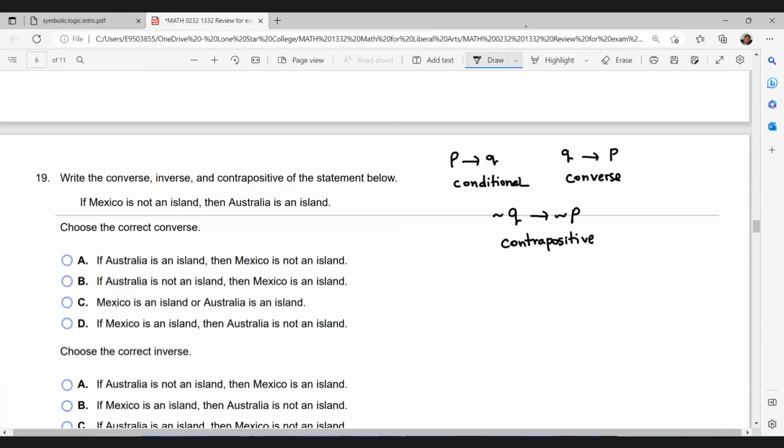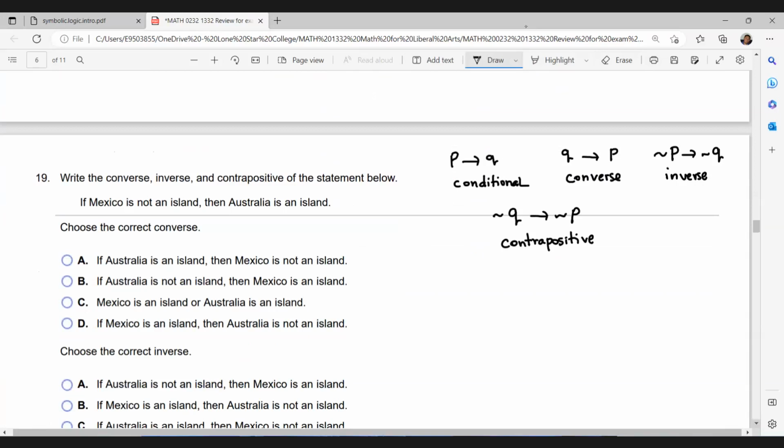And I think I missed one here, the inverse. That's just taking a conditional and negating the first part and the second part. So putting these together becomes a contrapositive.